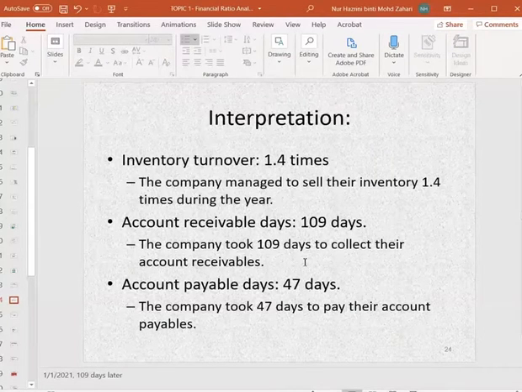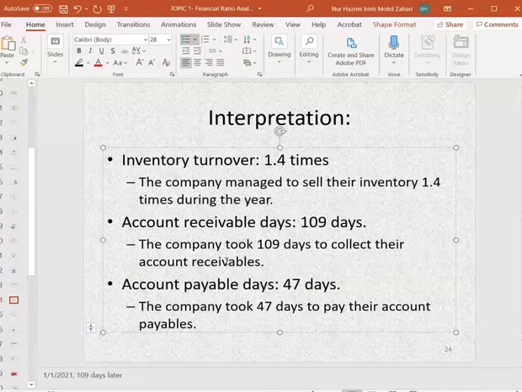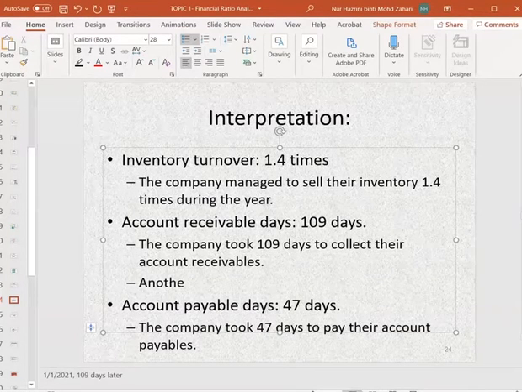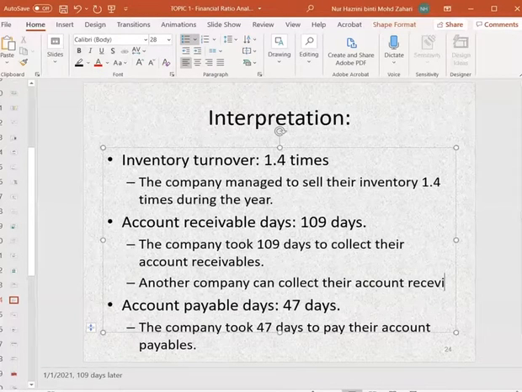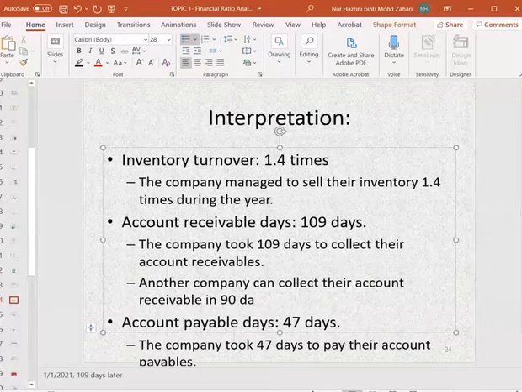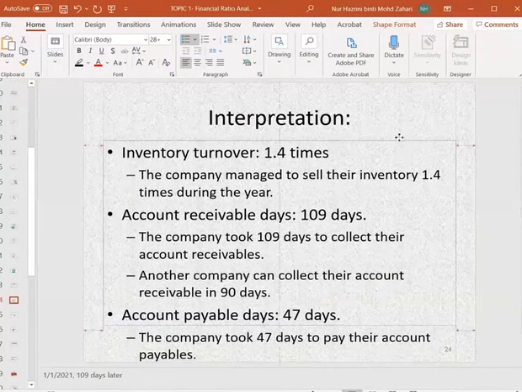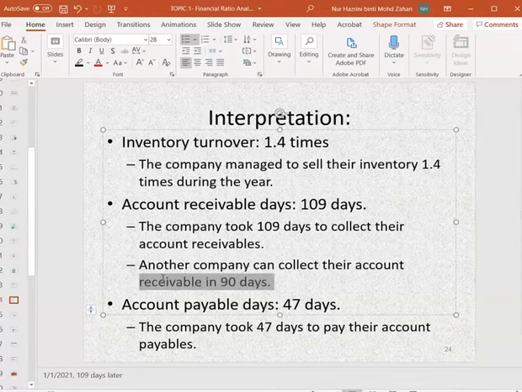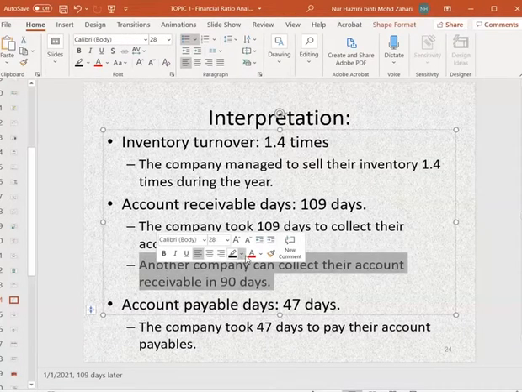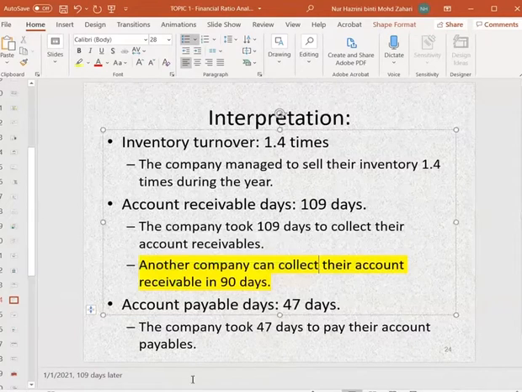If you have another company that can collect the account receivable in 90 days only, it means that company is better lah. That company is generating cash faster than you. All right, so for this case, the lower the better.